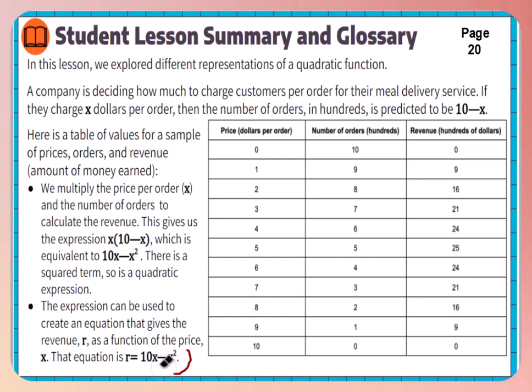Linear equation, we're adding or subtracting an amount, but it only has x to the first power. So these are quadratic functions. They have a squared term. This one up here, x times 10 minus x, if you distribute that x, you have 10x minus x squared. So we do have a squared term. So this is a quadratic.